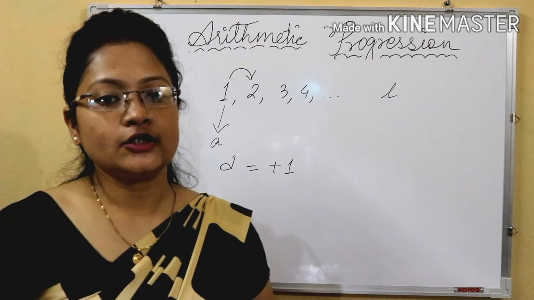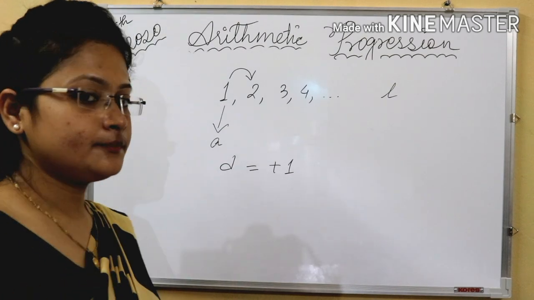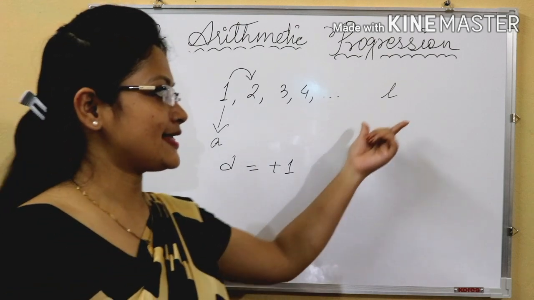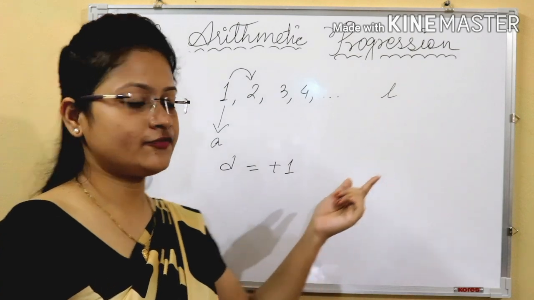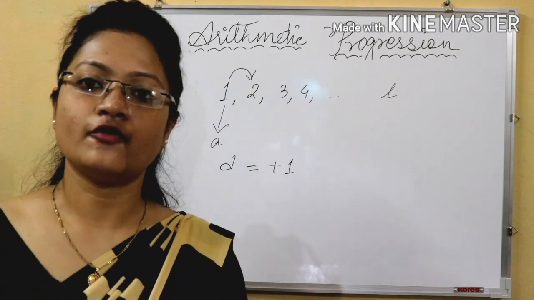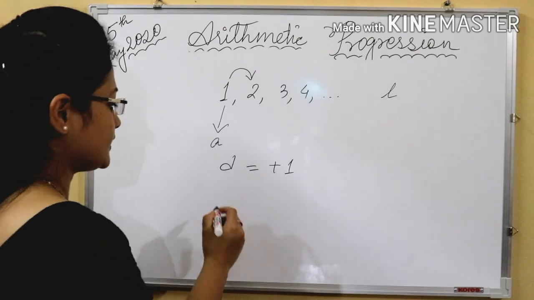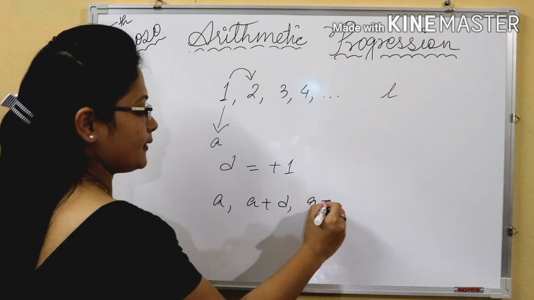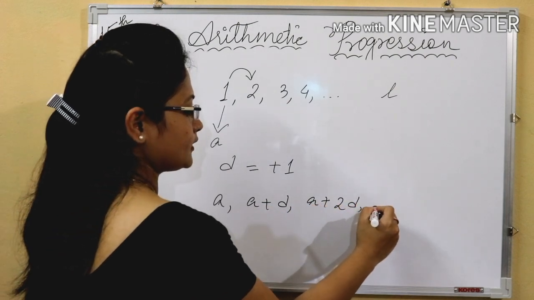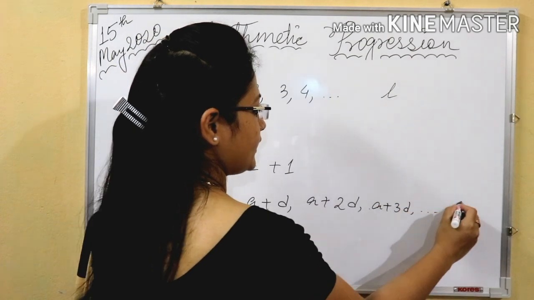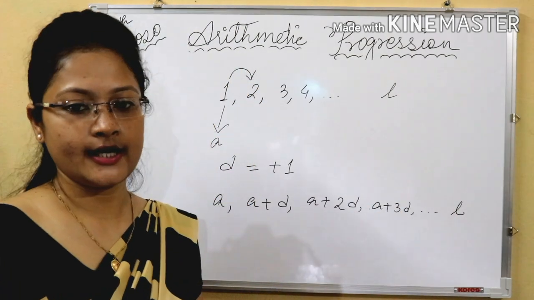So if we denote the first term of an AP as a, the last term as l, and the common difference as d, then the general form of an AP can be written as a, a plus d, a plus 2d, a plus 3d, and the last term is l.